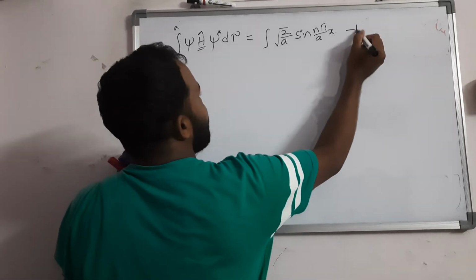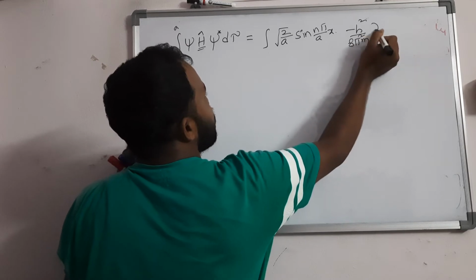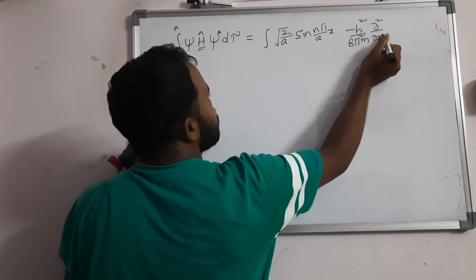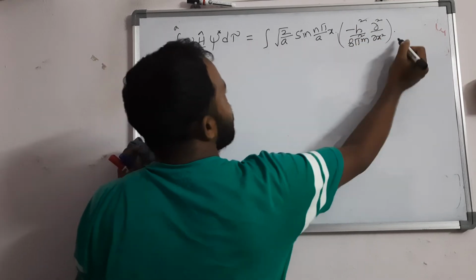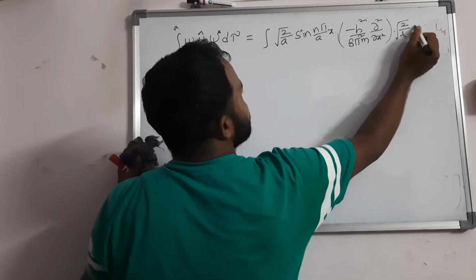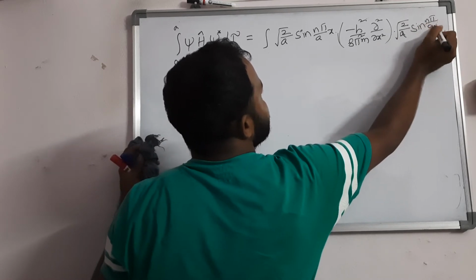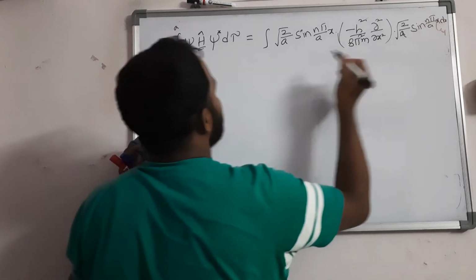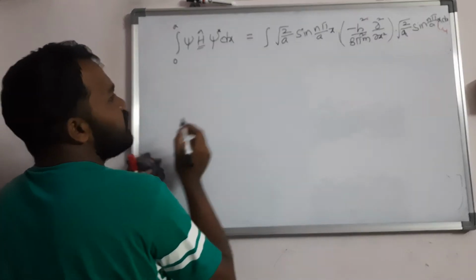Hamiltonian operator, minus h square by 8 pi square m into dou square by dou x square. So this is the Hamiltonian value, into psi star, that is again root 2 by a sine n pi by a into x into dx. d tau means the function is in terms of x, that is dx you should write.